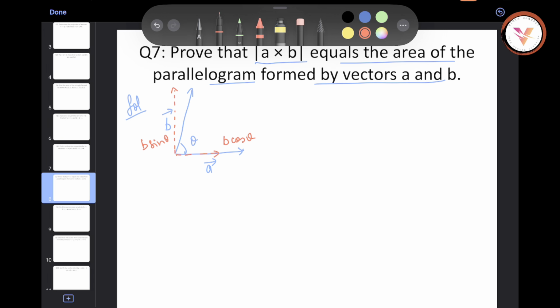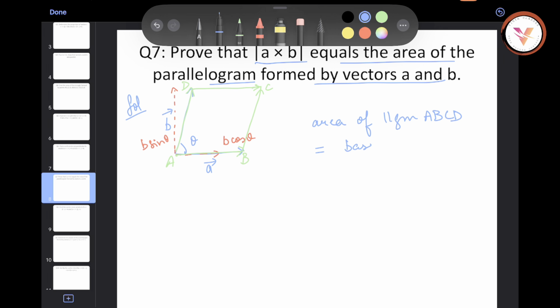So from here you can see what the area of the parallelogram is. Let's say the parallelogram is this A, this B with one more side, and mark the corners as A, B, C, D. Okay, so the area of parallelogram ABCD is what?